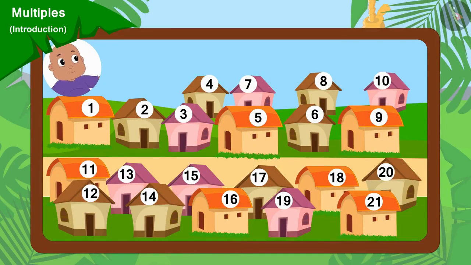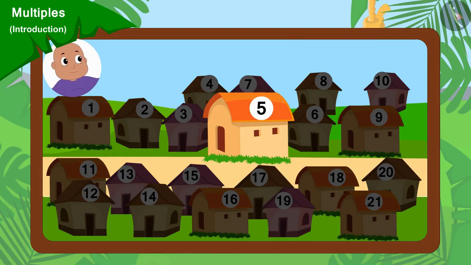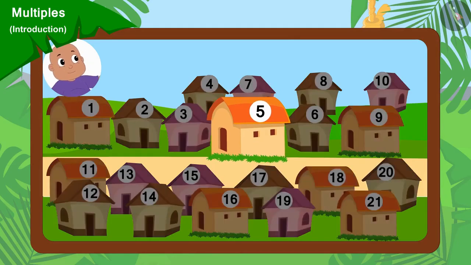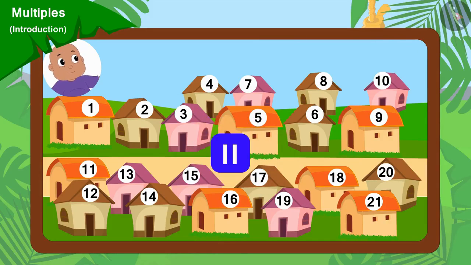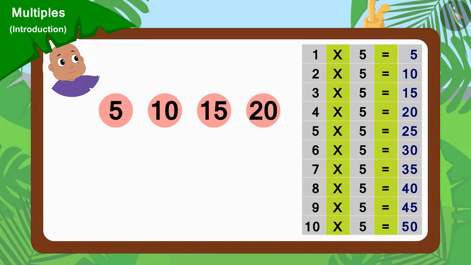Now, finally, if Bablu went to collect donations from every fifth house, then can you find multiples of 5 and find out in which houses Bablu went to collect donations from? If you wish to, you can stop the video and find the answer. Well done, children!